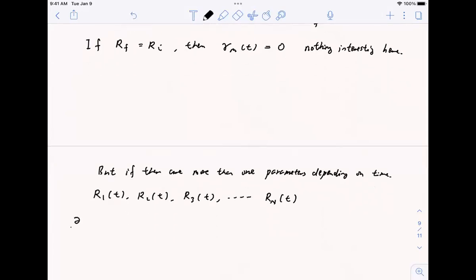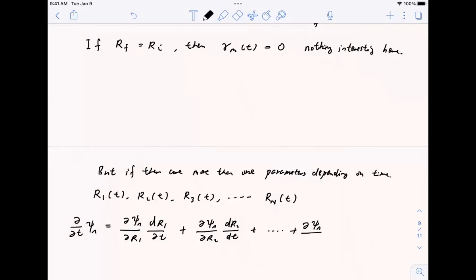Then this derivative, you need to decompose it into R1, and then R2, and you just take a dot product.